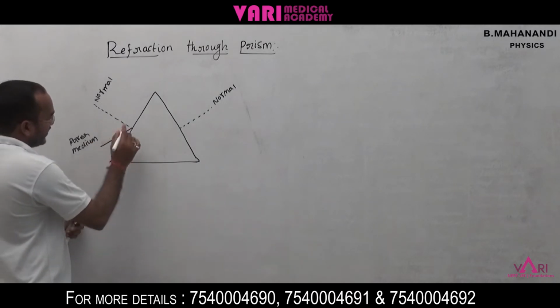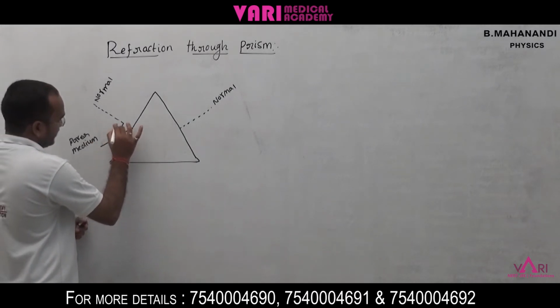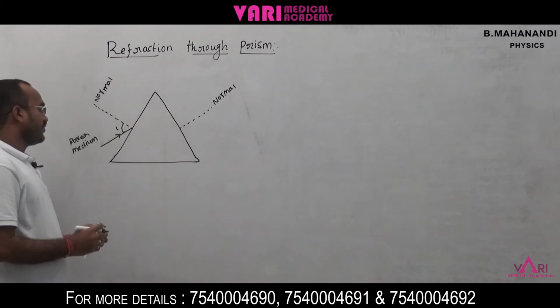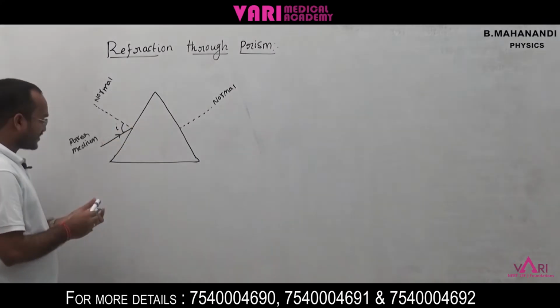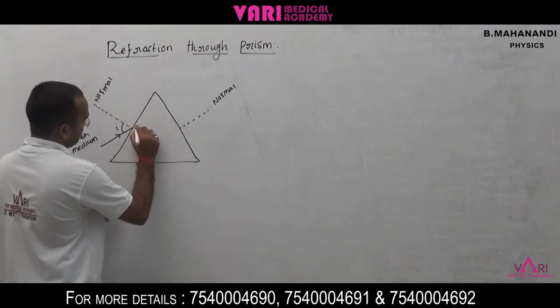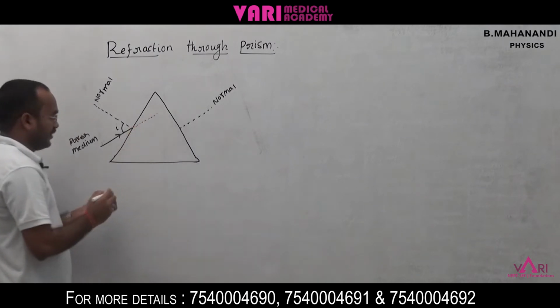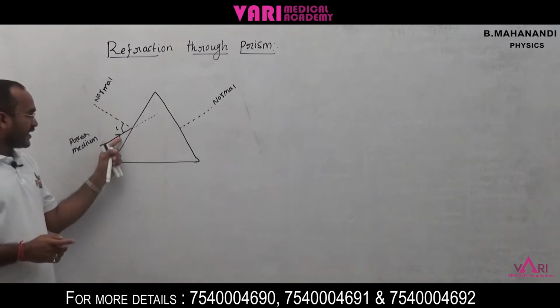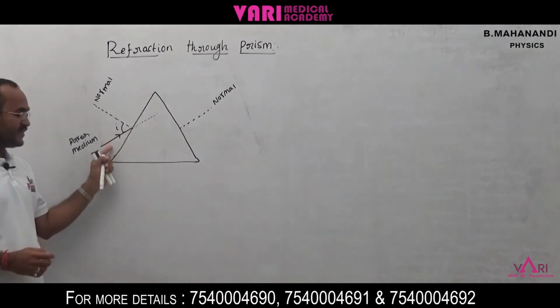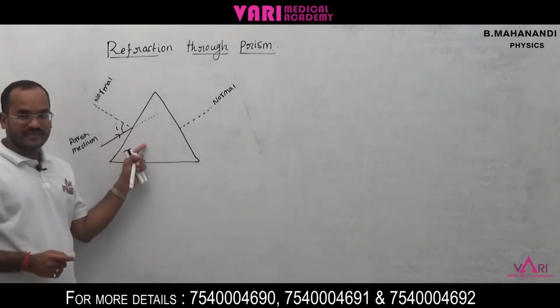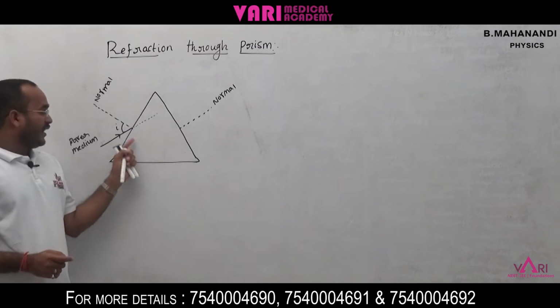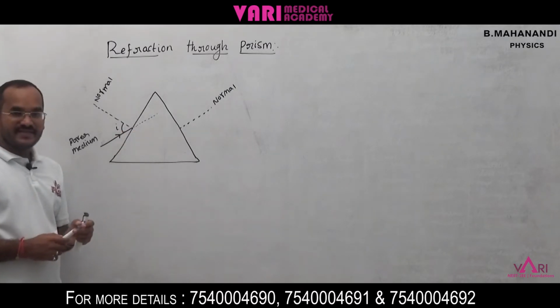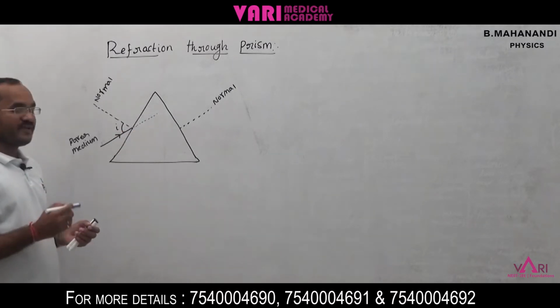The angle between the normal and the incident ray is called the incident angle. Now the incident ray path is extended. When the incident ray enters from the rarer medium to the denser medium, is the refracted ray towards the normal or away from the normal?